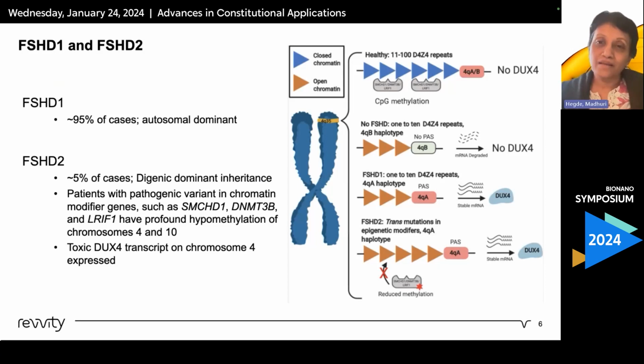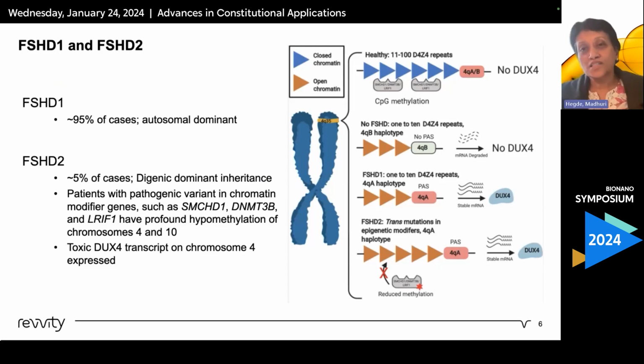So any assay which we develop has to be able to distinguish between the two alleles, 4QA and 4QB, and also 10q25. Now, the three diagrams below the normal repeat size, which is shown above and is 11 to 100 D4Z4 repeats.